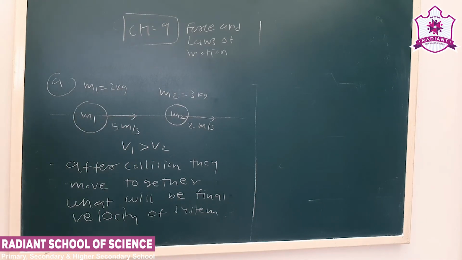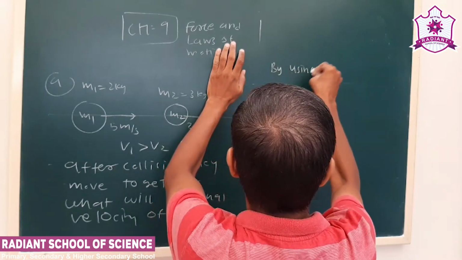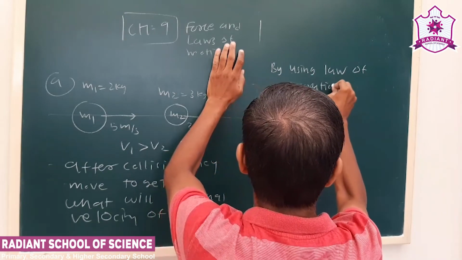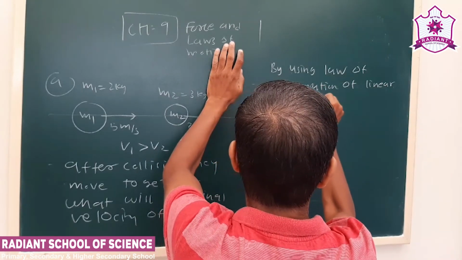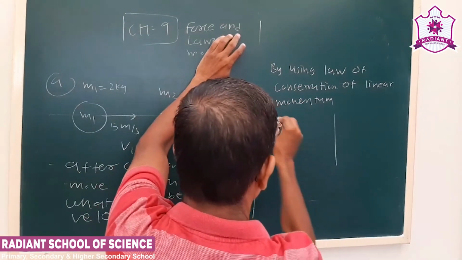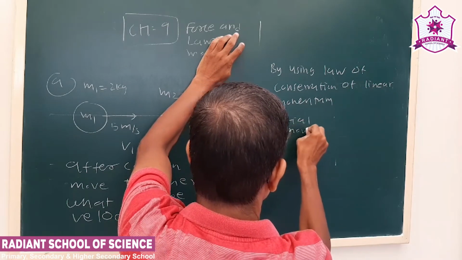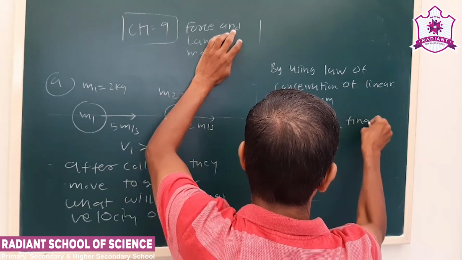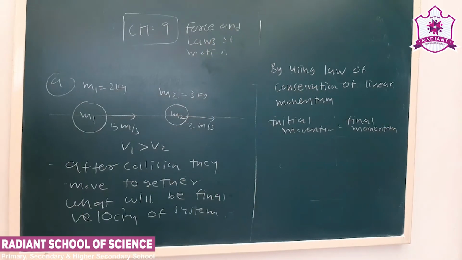Now see, by using the law of conservation of linear momentum, the initial momentum should be equal to the final momentum.